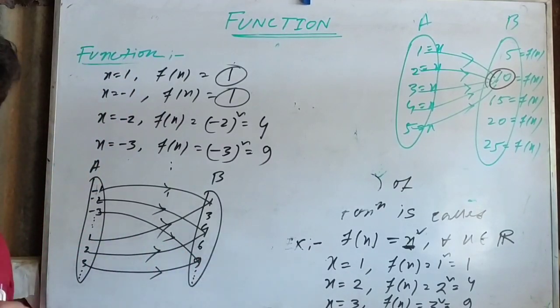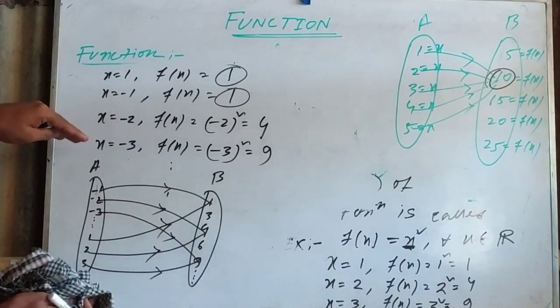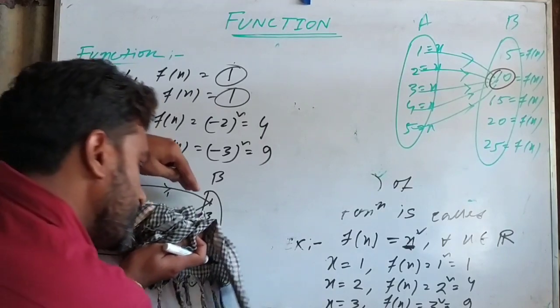So this type of function is called what? Many one function. That means many values of x give one output.